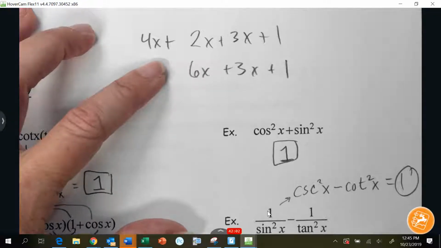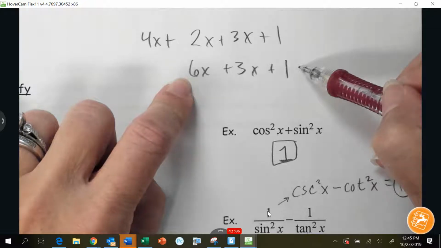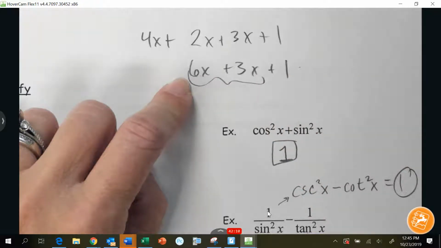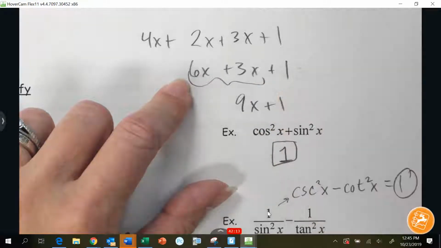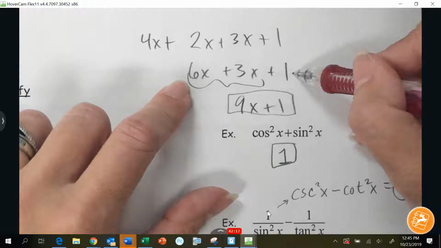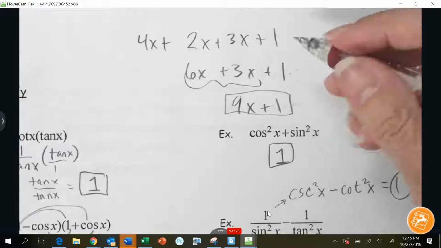If I say simplify it, would this answer be wrong? Why, Dylan? Because I still can simplify something further. 9x plus 1. This is the better answer, I should say. So this answer is okay, but this is the way better answer. So it's kind of what we're doing here, only it's with new stuff. You've never done it before.